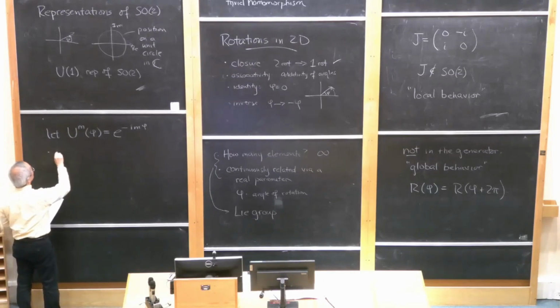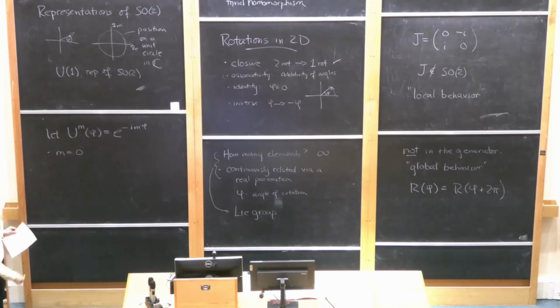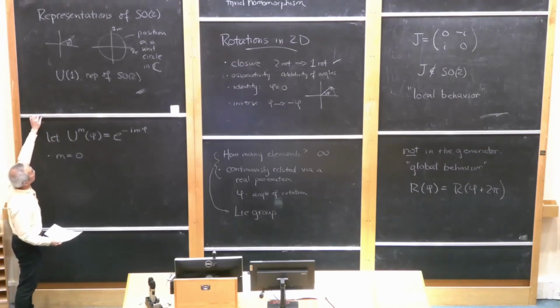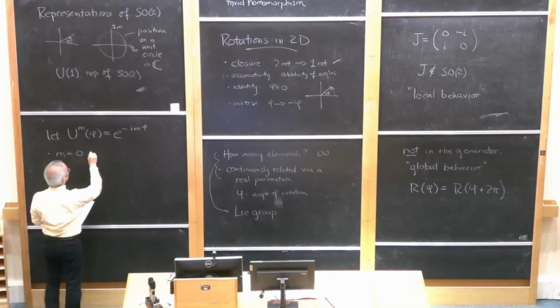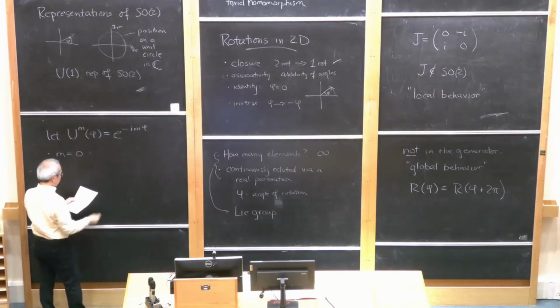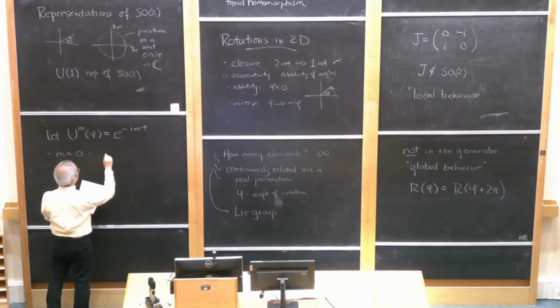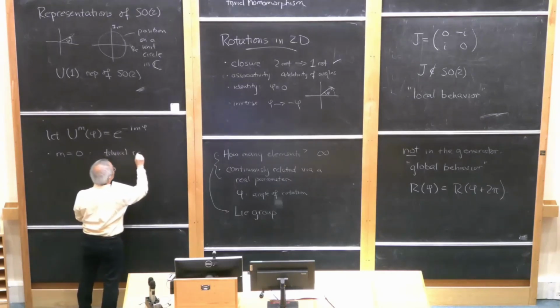So if m is equal to 0, this guy is the one where everything just maps to the identity element. So this is the trivial representation.